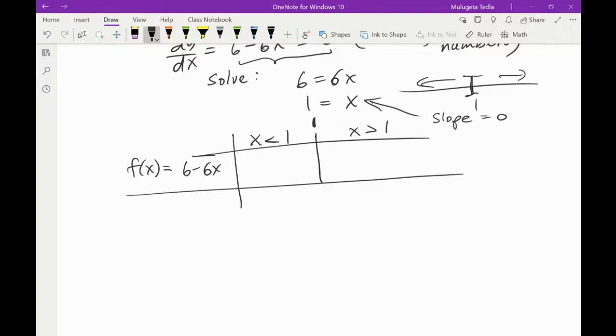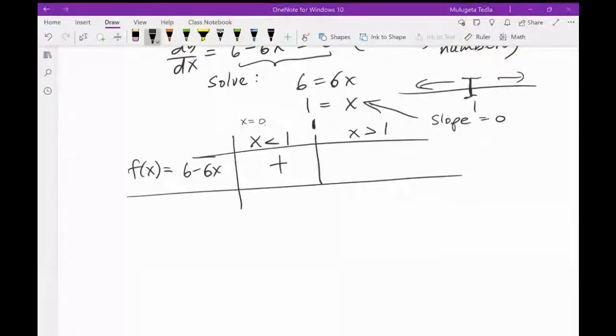Well, what is the sign of the derivative for any number less than 1? Take a number 0, for example, x equal to 0. If we take one value, it will be good enough. So for x equal to 0, this is positive, right? For any number less than 1, it's positive, isn't it?